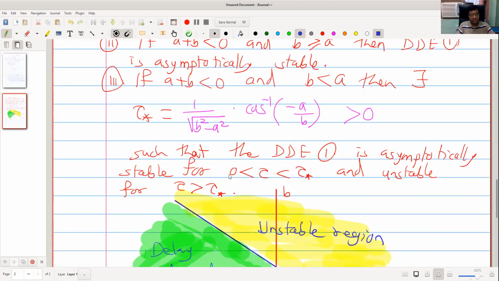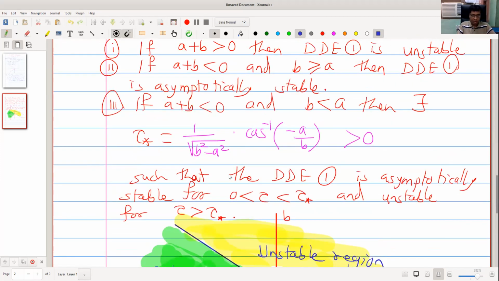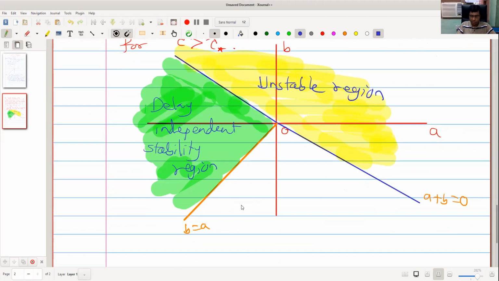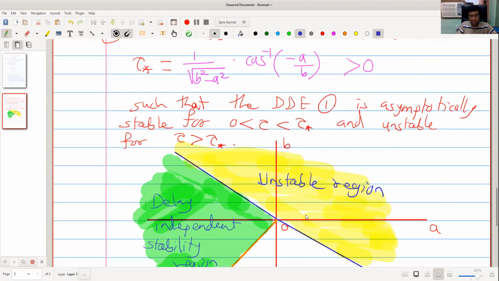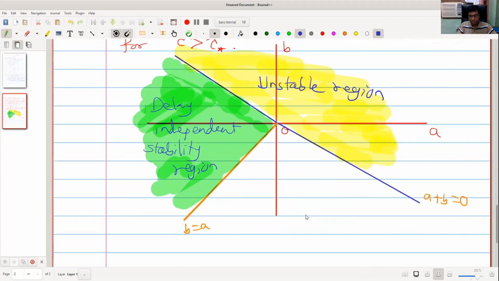And the last case is a plus b is negative, but b is less than a. So this part is b is less than a, and a plus b is also negative. Anywhere here, if you check, this is b equal to a, and here b is less than a.